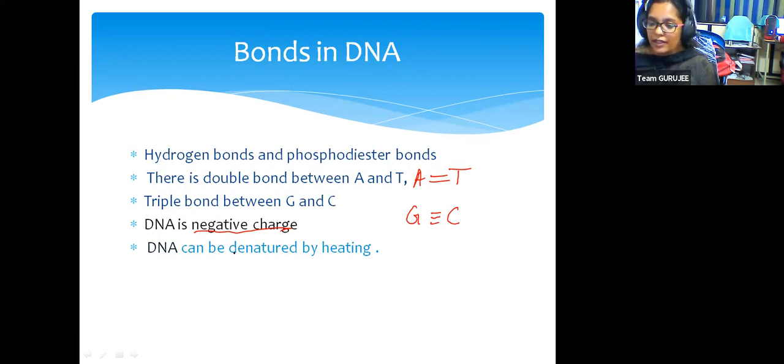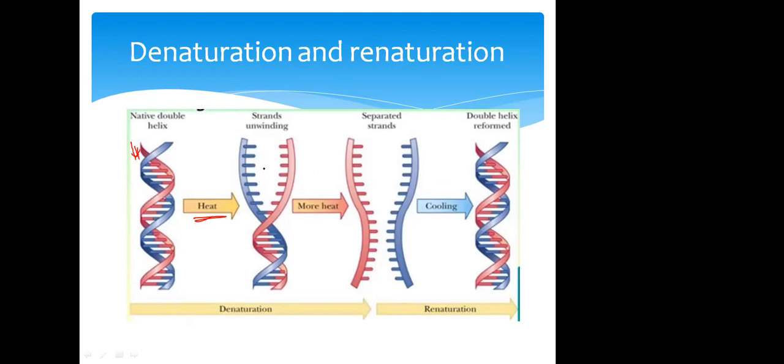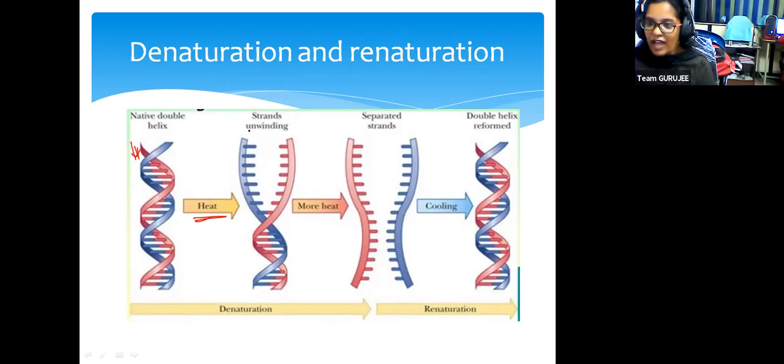Okay, so DNA can be denatured by heating. Denaturation and renaturation are two important properties. See, this is denaturation and renaturation. This is the double helix. When it is treated with heat, the base pairs will be separated, so it unwinds.